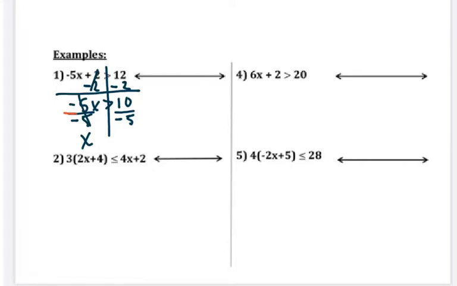When you divide by a negative, your symbol is going to flip. 10 divided by negative 5 is negative 2. So I put a negative 2 on my line. I circle it. No line below means we don't color. And then we shade everything to the left.